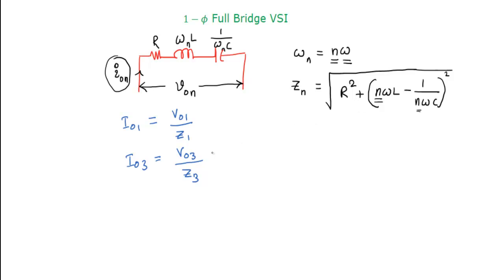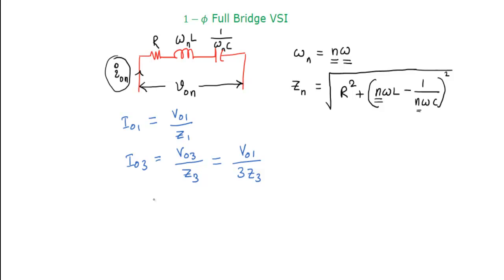From the equation, you can take this as V01 divided by 3 into Z3. I will tell you how exactly this came into picture once we complete this.